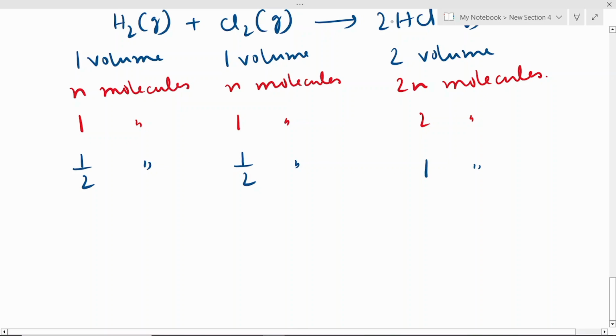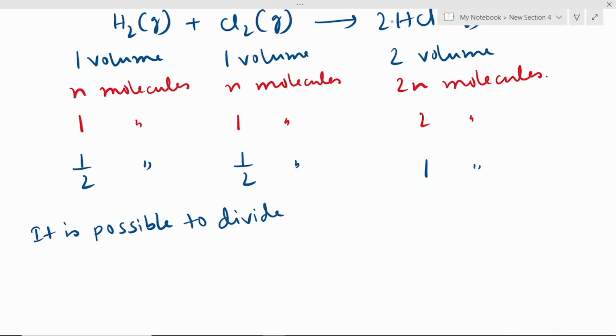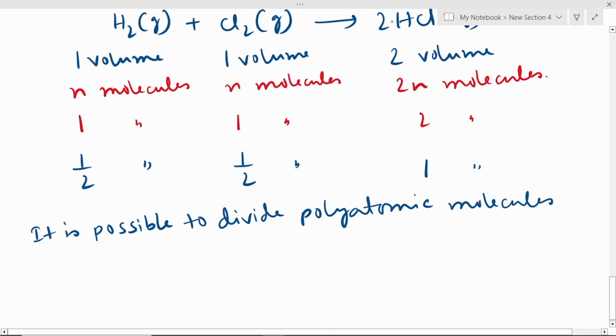That means it is possible to divide polyatomic molecules into atoms.